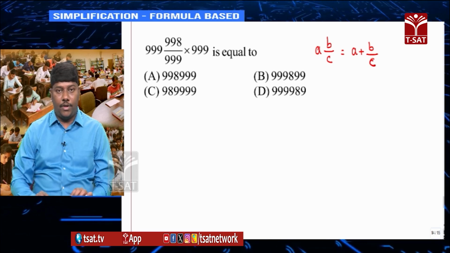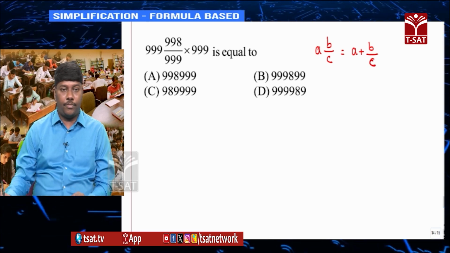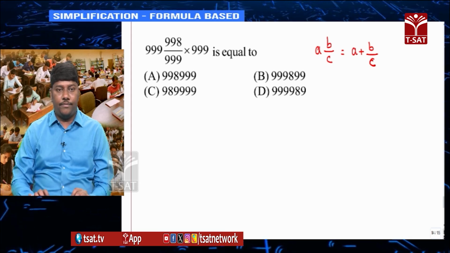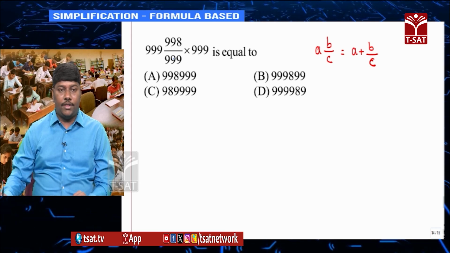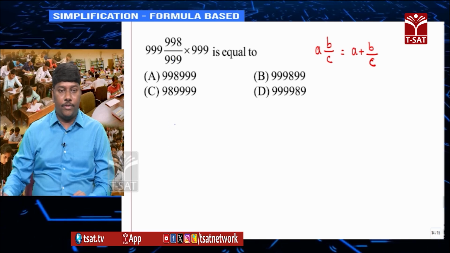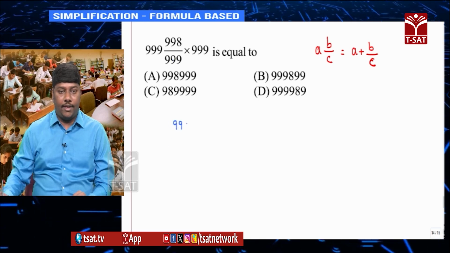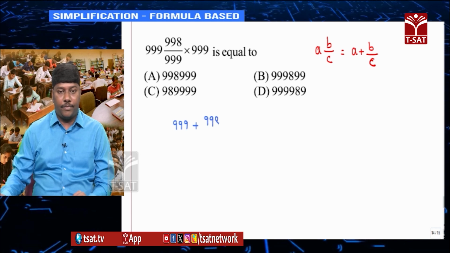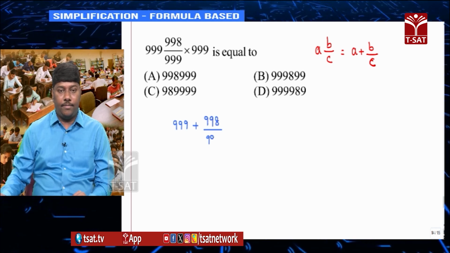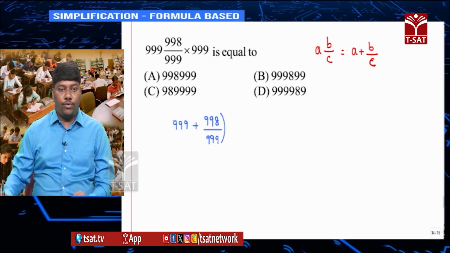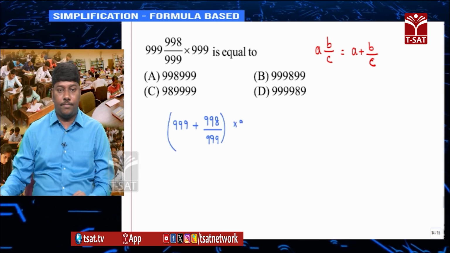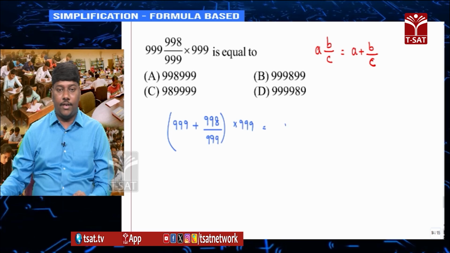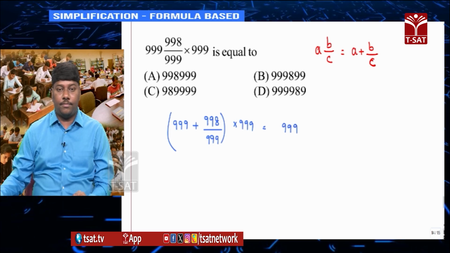But before we solve this particular question, this question can be solved in more than one way. So the normal way of solving it, if you write it in the form of a plus b by c, you can write it 999 plus 998 divided by 999 into 999. So 999 into 999, 999 whole square.